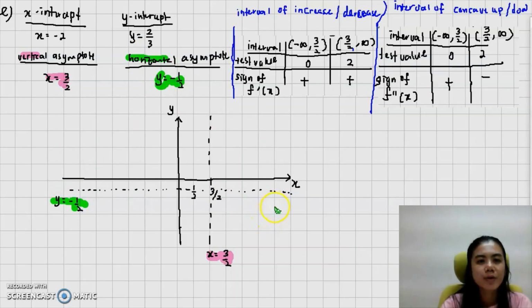Then we look at the x-intercept and y-intercept. For the x-intercept, we have x equal to minus 2, roughly here, so later the curve will intersect here. And the y-intercept is 2 over 3, roughly here, so later we will intersect here.